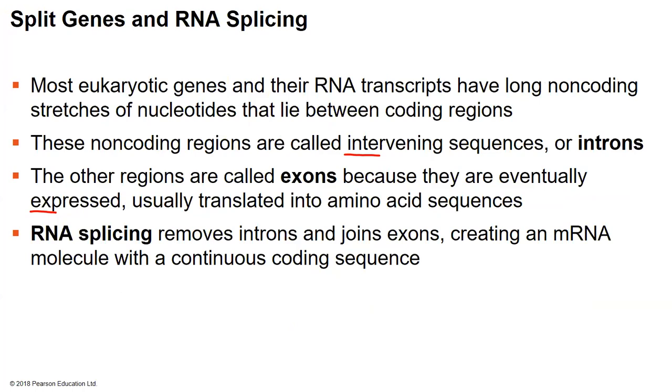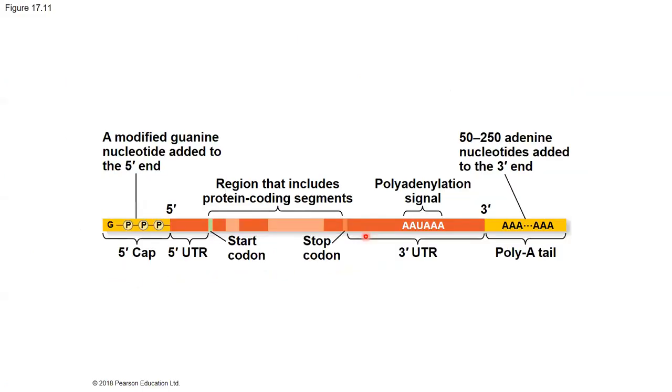So RNA splicing is the process by which non-coding regions in the primary transcript, which are called introns, are removed. At the same time, the coding regions, called exons, are joined together, creating an mRNA with a continuous coding sequence.